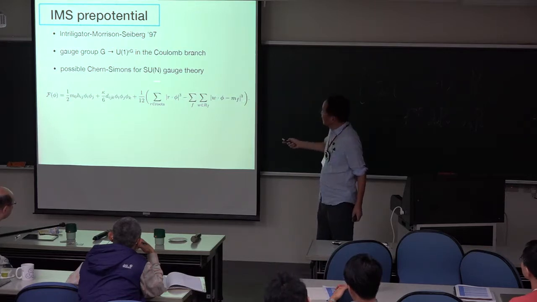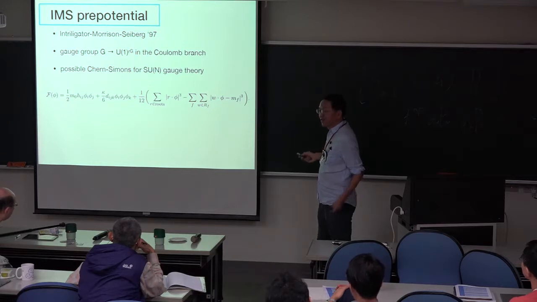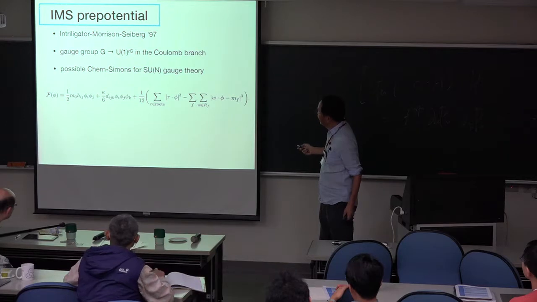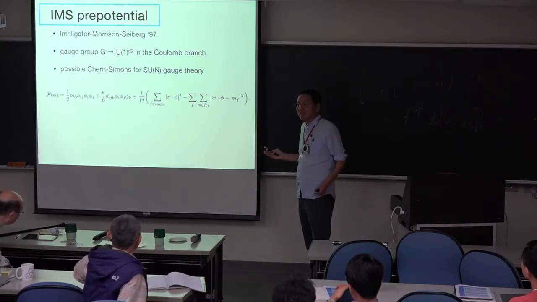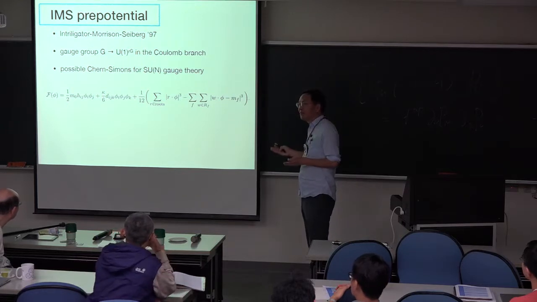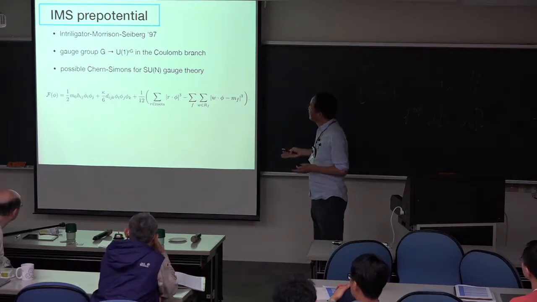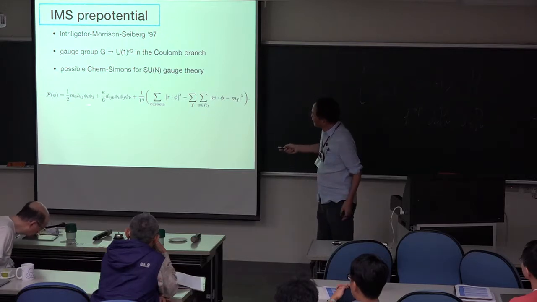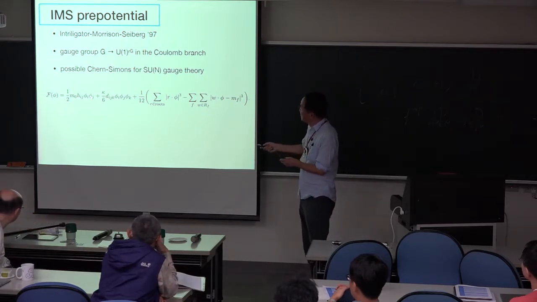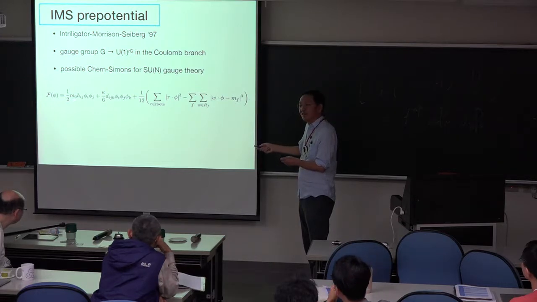So this has been an extremely useful quantity people have been calculating. But if you look at these quantities, you haven't included any instantons. So this prepotential is manifestly invariant under the SO(2N) flavor symmetry, but m0, which is the inverse of the coupling constant, counts the instanton number.